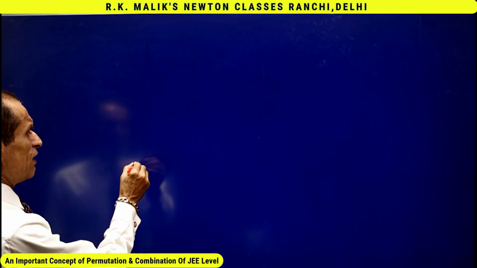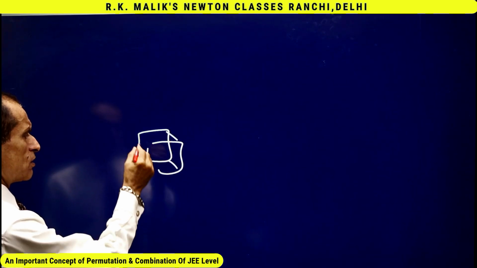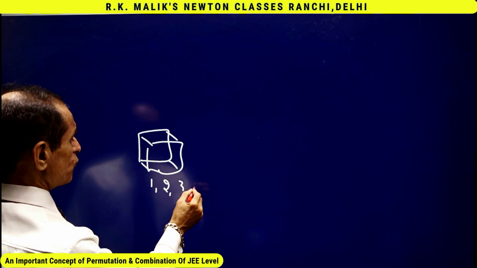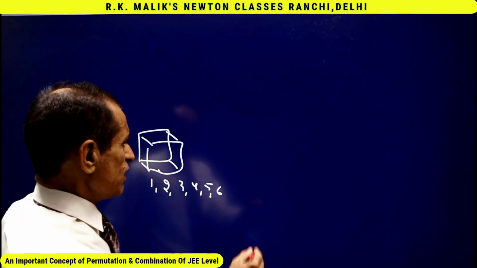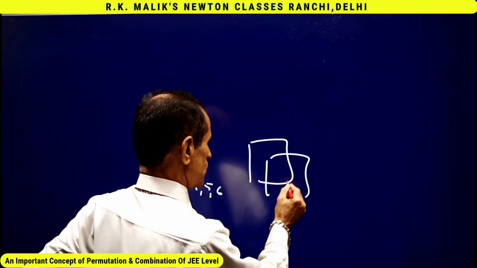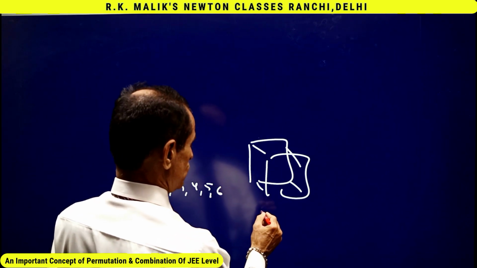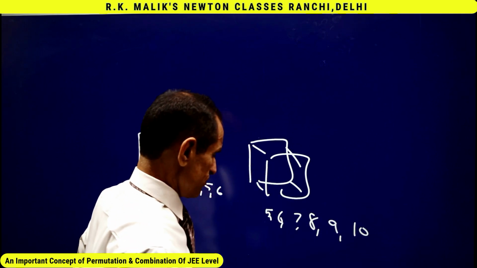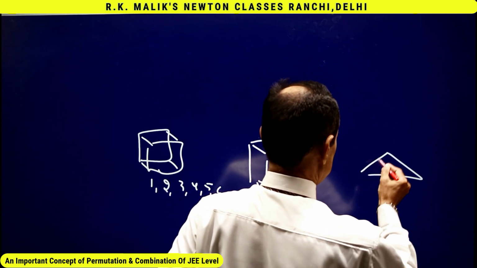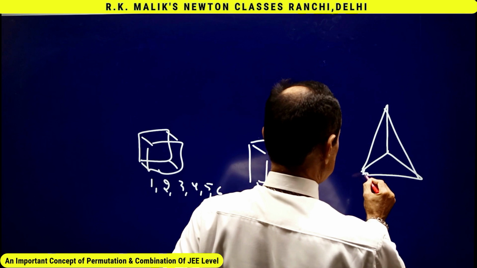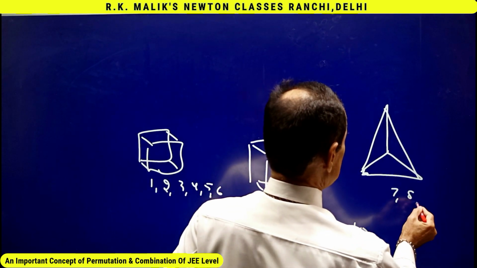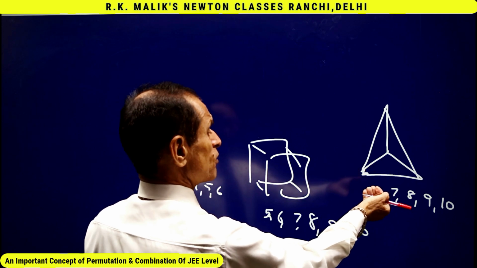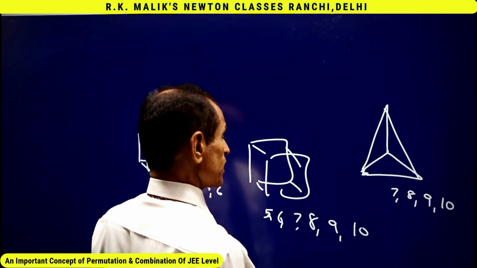Suppose I say I have a die on the faces of which 1, 2, 3, 4, 5, 6 are written, and one more die on the faces of which 5, 6, 7, 8, 9, 10 are written, and one tetrahedral die on the faces of which 7, 8, 9 and 10 are written, and in the case of the tetrahedral die, the number appearing at the bottom of this die will be taken as the answer.